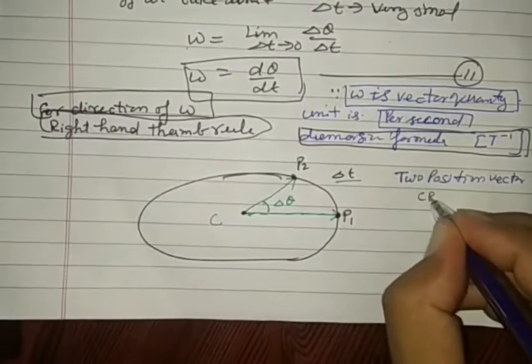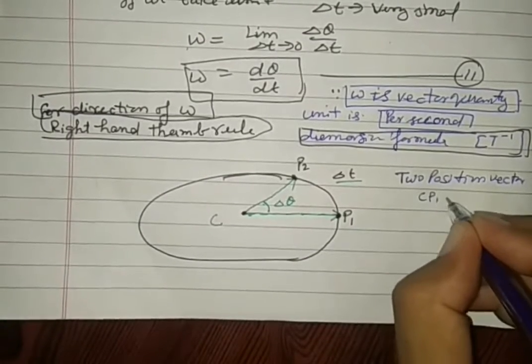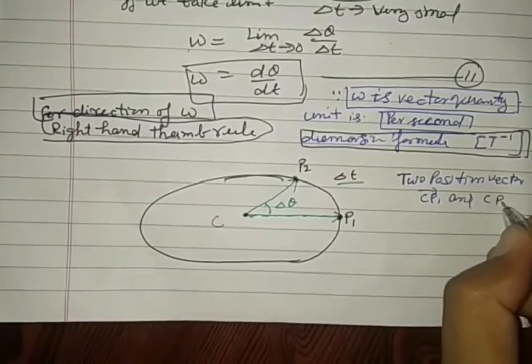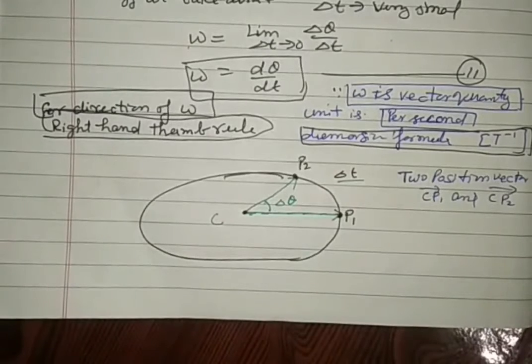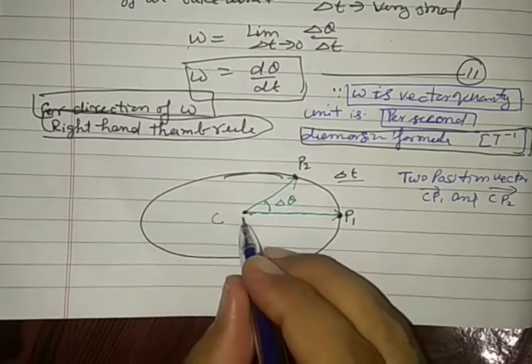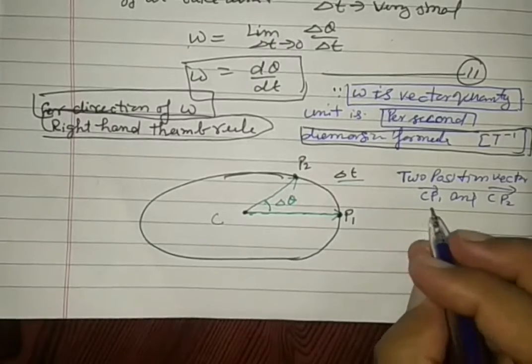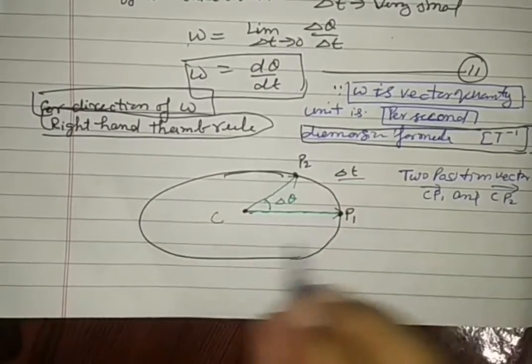Vector CP1 and CP2. Listen very carefully. The two position vectors CP1 and CP2, when moved, lie on the plane of the paper.